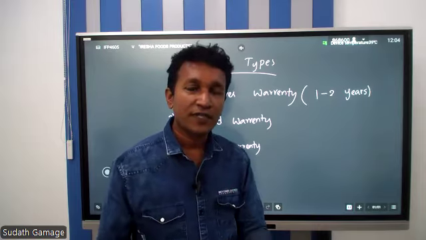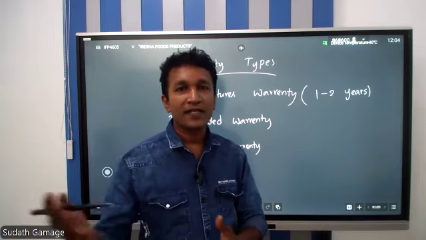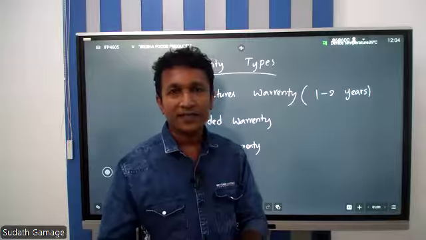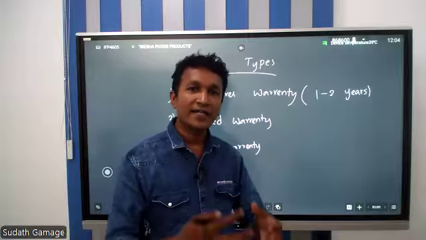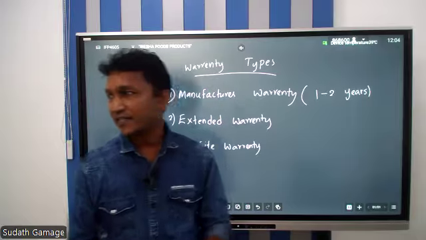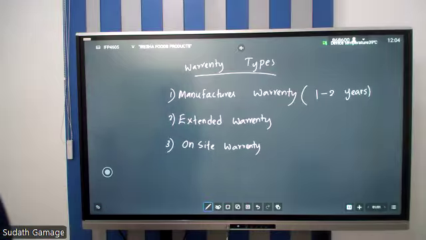So they will ask for the on-site warranty. Then the computer provider will come to the site and give that service. That is an on-site warranty. So these are the three types of warranties: manufacturer warranty, extended warranty, and on-site warranty.